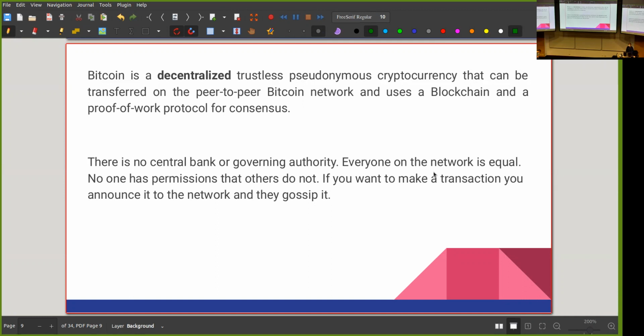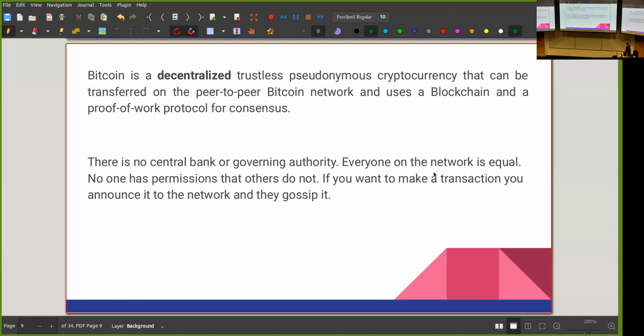It's just that everyone on the network is equal. So there is no central bank, there is no central government. No one can decide who owns some coin or some money. No one can confiscate anyone's money. Yeah, there's basically no judge, no system like that. It's just that everyone is equal.